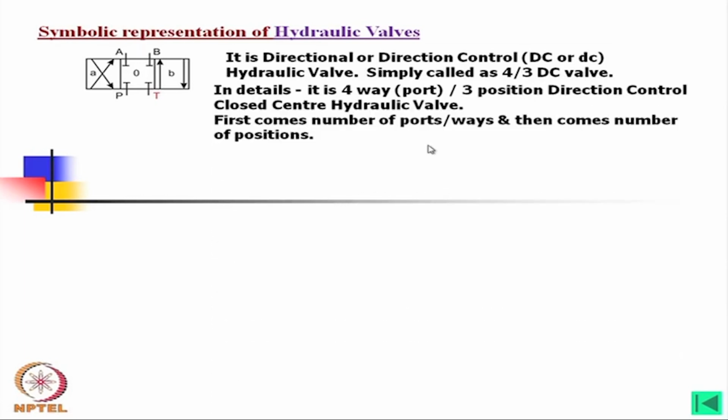But what is 4/3? In detail, it is 4 way. What we find, A, B, P and T, there are 4 ways or 4 ports, and then these 3 compartments mean there are 3 positions. That means we can get either this type of connection, cross connection, or we can have straight connections, or we can have these 4 ports completely closed.